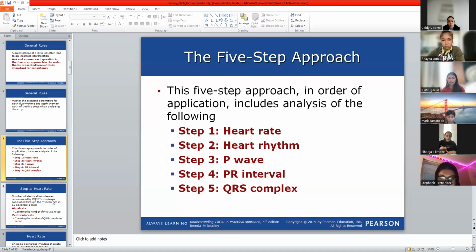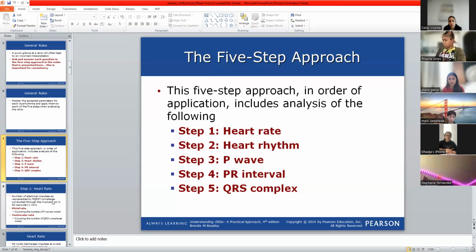Okay? So from now, I need everyone to save these 5 steps. When we are going together to analyze any EKG, don't jump. I need you to go one by one. If I ask Diana to read this step, she will say: first, the heart rate is, count and multiply by 10.